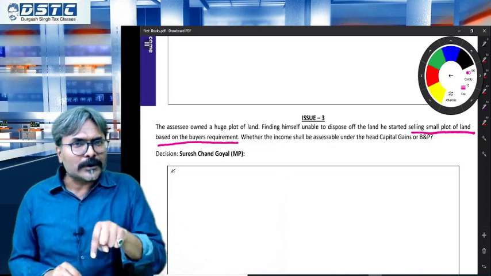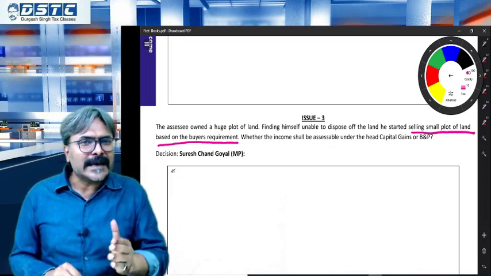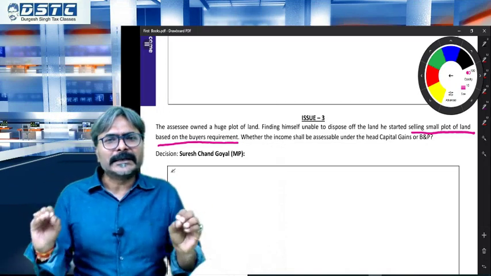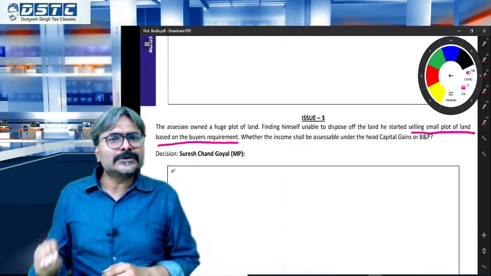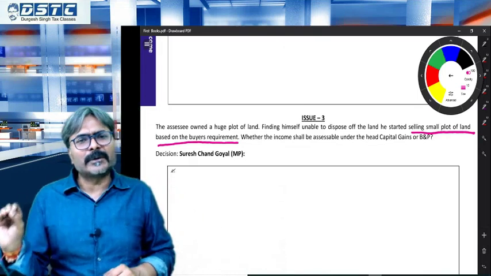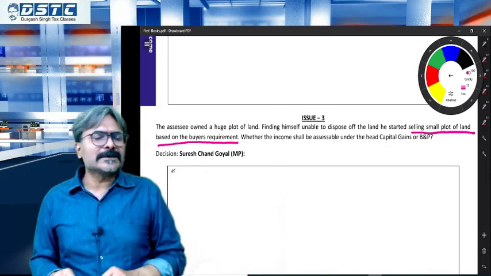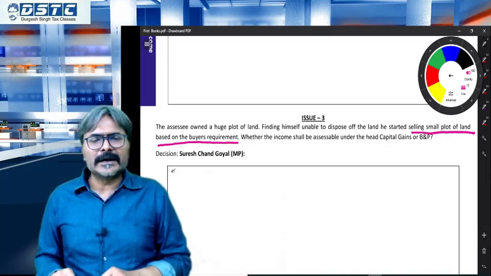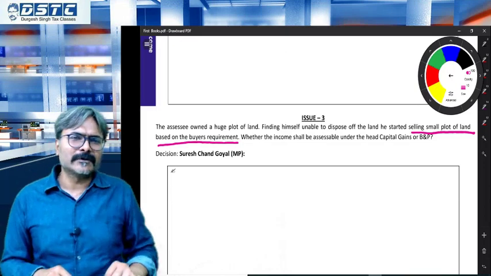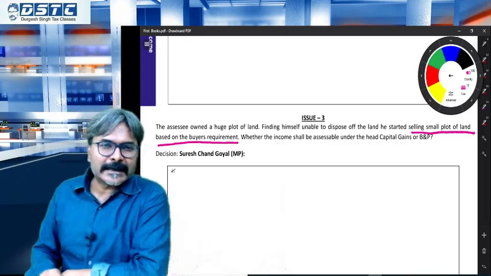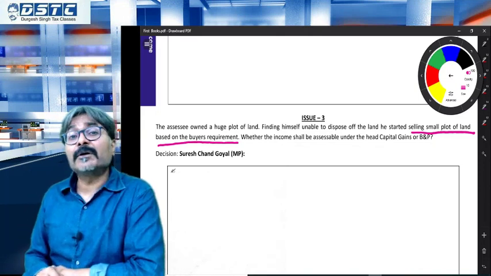But in this case, students, the assessee is not doing any systematic activity. Whatever sale he is doing, he is doing based on the buyer's requirement. Because he is selling those plots based on the buyer's requirement, it will not be considered a systematic activity, and hence will not qualify as business.